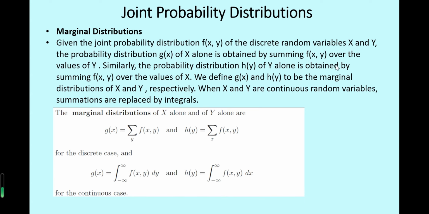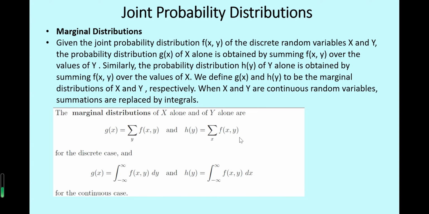So we can sum y out to get the probability distribution g(x). g(x) is also called the marginal distribution of X. Similarly, the probability distribution h(y) of Y alone can be obtained by summing f(x,y) over the values of x. So we define g(x) and h(y) to be the marginal distributions of X and Y respectively. When X and Y are continuous random variables, summations are replaced by integrals.